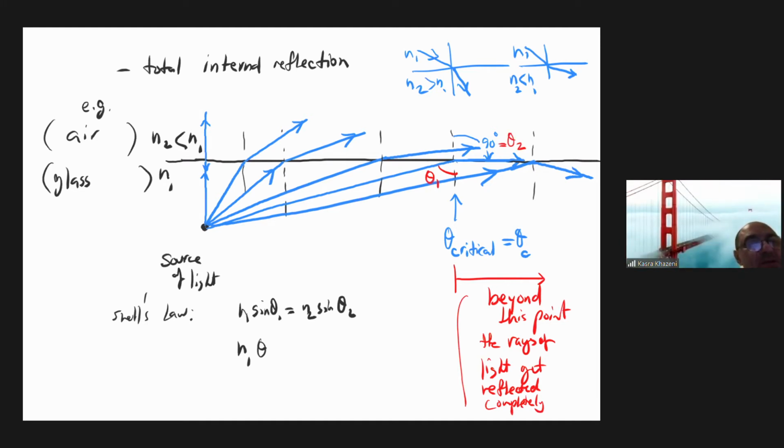All right, so N1 sine of theta 1 is equal to N2 sine of 90 degrees. That's just Snell's law application at this exact point. And that critical angle is in fact theta 1.